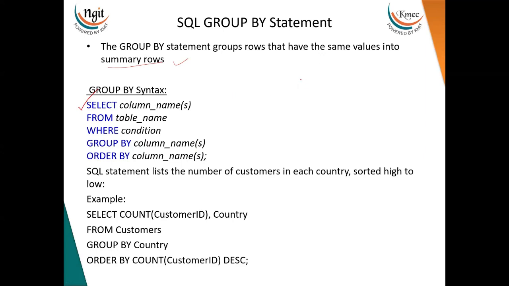Example, if I consider employee as a table name, let's say we have an attribute called department name. Under department name, there are several departments like sales department, productivity department, accounts department. Now the question is, how many employees are working in each department?